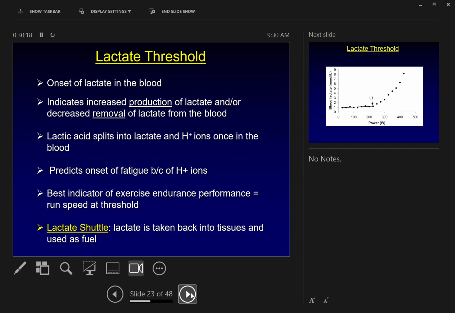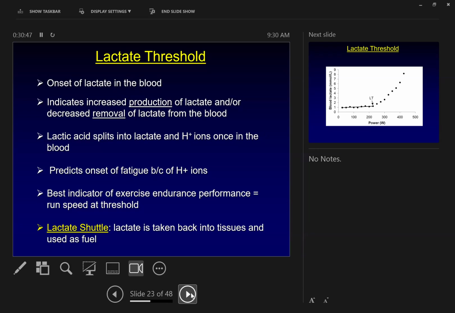Anytime you start exercising and get over lactate threshold, you're likely to feel this: your breathing is going to disproportionately increase and become heavier and faster. Your muscles are going to begin to burn a little bit from the activation of those ASIC channels by the hydrogen ion. And so that is what this represents to us.